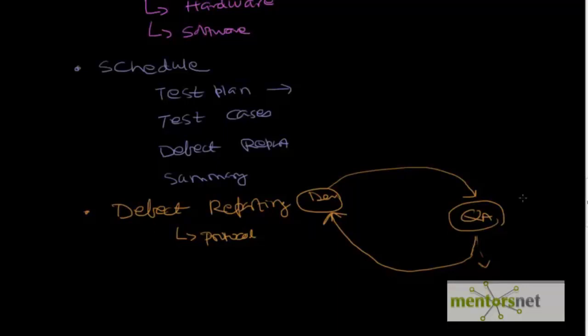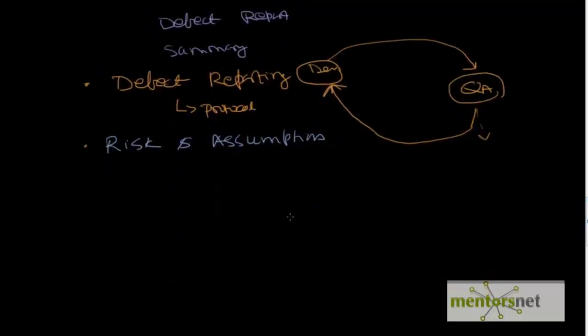Okay, and then you have something called risk and assumption. We are living in a very uncertain world. Sometimes we even have to test based on half-baked code, or we are testing while the development is ongoing. So we need to come up with the risks, meaning what kinds of things might fail. For example, one risk is that while testing, your lead QA engineer leaves the company.